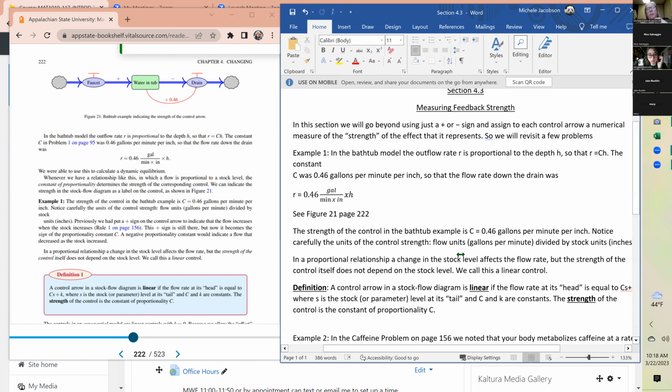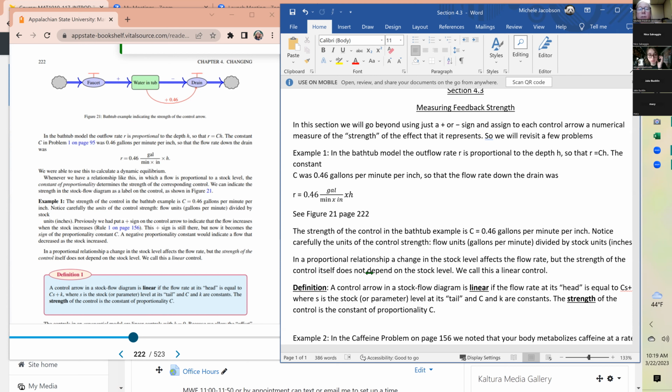In another problem, we'll show how you find the total strength. I think they didn't do it here because there was no flow here. It was only here. In a proportional relationship, a change in the stock level affects the flow rate.